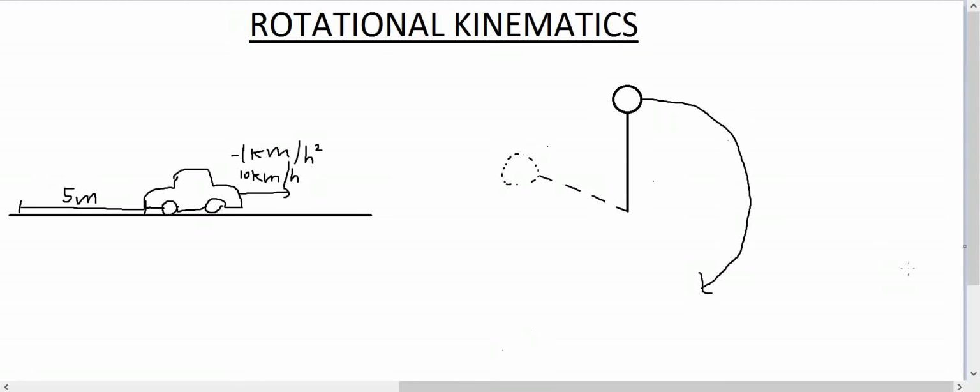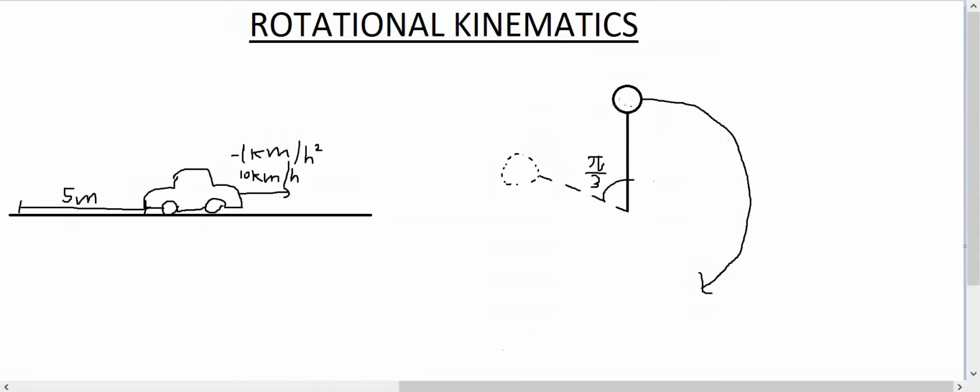Then the angle here is, let's say, 60 degrees, or pi over 3 radians. Then the angular displacement is pi over 3. When displacement, velocity, and acceleration are applied to angles, they're called angular displacement, velocity, and acceleration. So this is angular displacement.